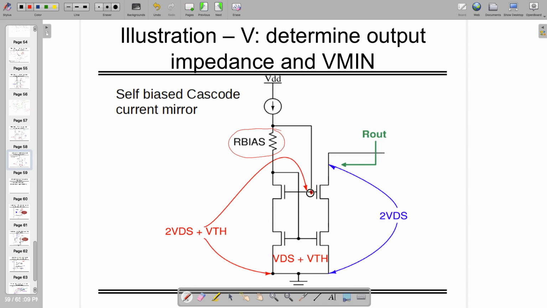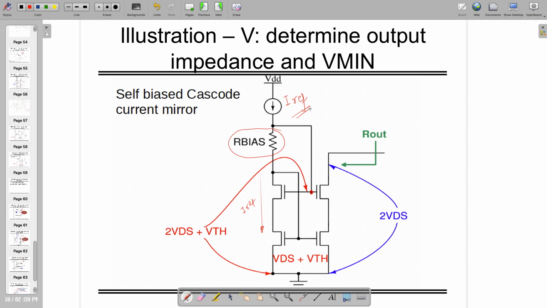Instead of having one extra branch for this transistor, I am using some R bias, and the current flowing through this branch is IREF. Notably, this IREF is not a normal IREF. You can have some resistance through which you can find the required current flowing through the branch. So we have fixed the current flowing through this one as IREF.